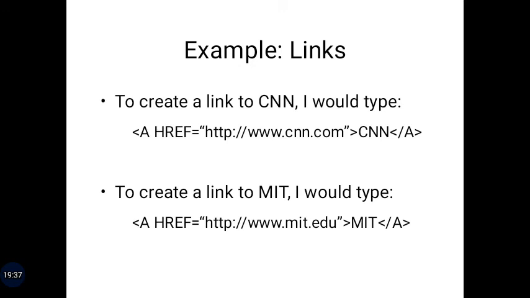So this CNN is what will appear on your web page, and when you click on it, it will direct you to this site, http://www.cnn.com. To create a link to MIT, it's the same way.